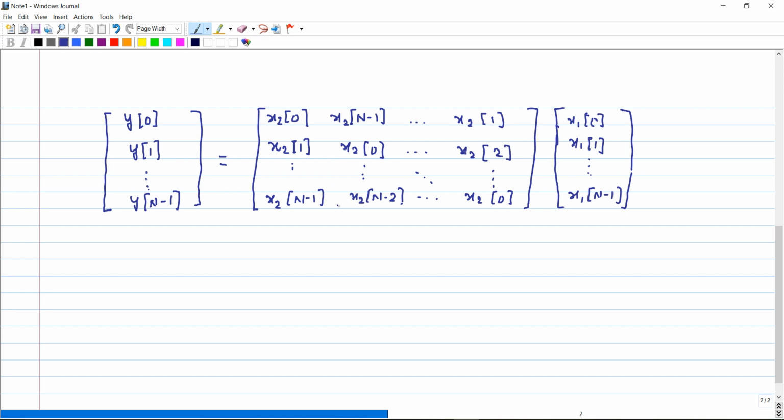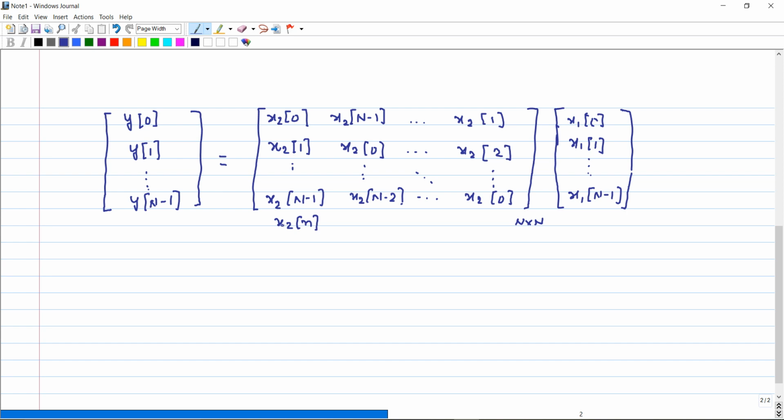But if you look at this a little bit carefully, this matrix can be formed by using just our second signal x2 of n. How do we do that? Note that this matrix is of size n cross n. Okay, and look at the first column. So first column is nothing but our x2 of n.